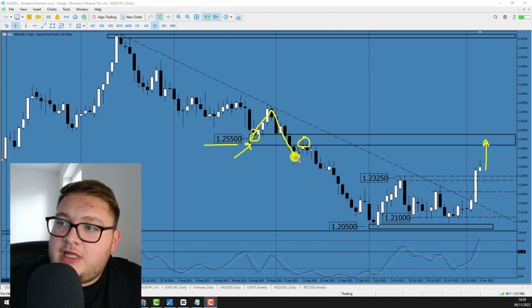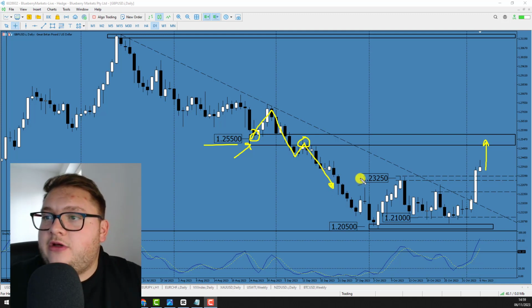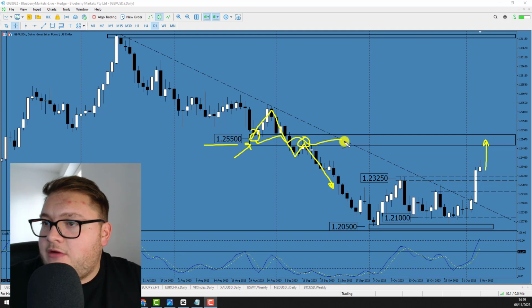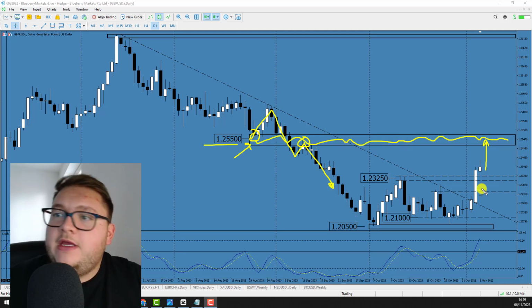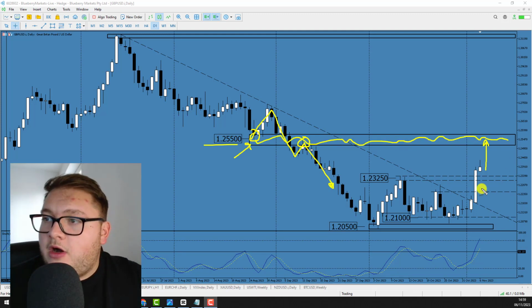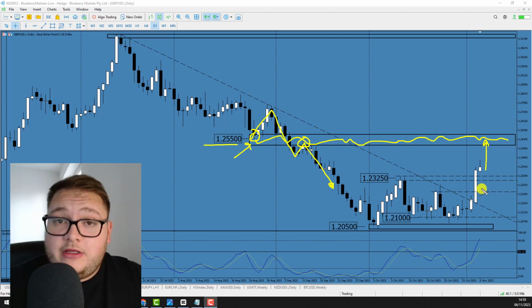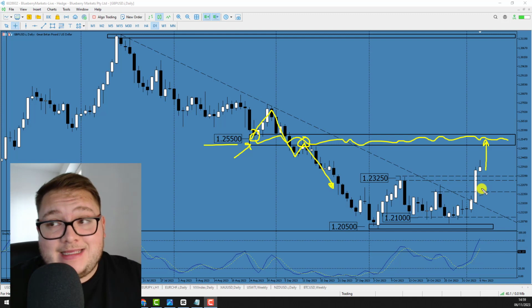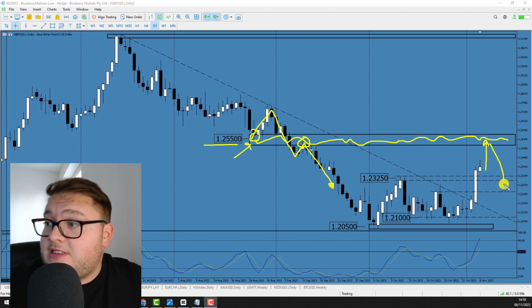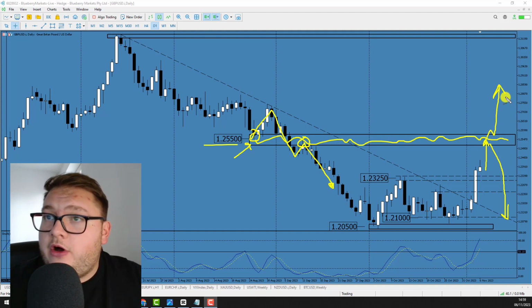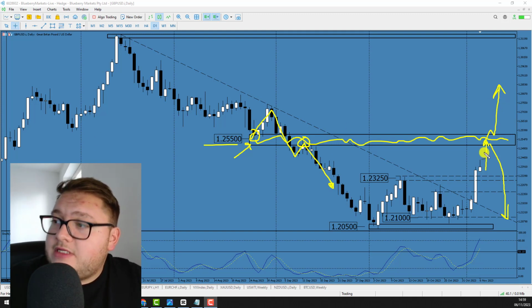We then breached that low, used it as resistance for a continuation to the downside. So in this zone, around that 1.2550 handle, the market has been using that as support and resistance. So the likelihood is that the market may want to go and test that for either a continuation to the downside, or a break and a continuation higher to the next level of resistance.